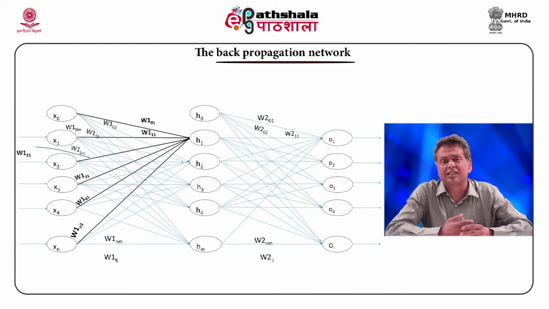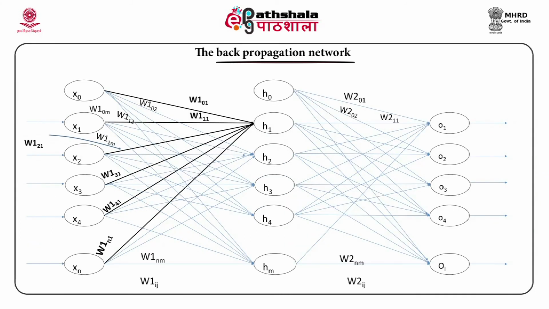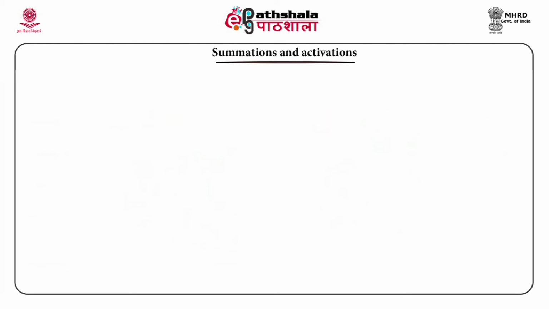Now how is it summed up? Remember the calculation, the sigma that we have seen: x1 W1, x2 W2, x3 W3 and so on. And when you consider the threshold, you also have x0 W0, where x0 is basically 1. Suppose I want to calculate the sum that is happening at h1; how it is calculated is shown in the next slide.